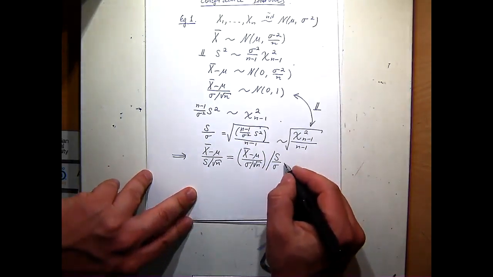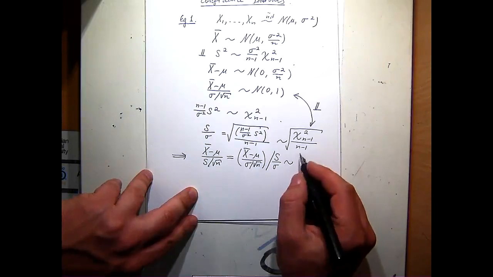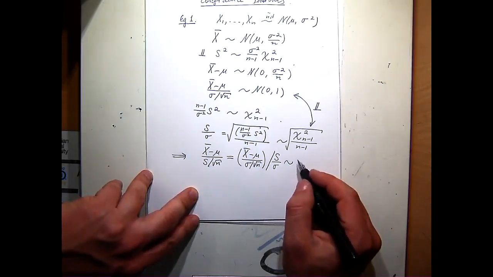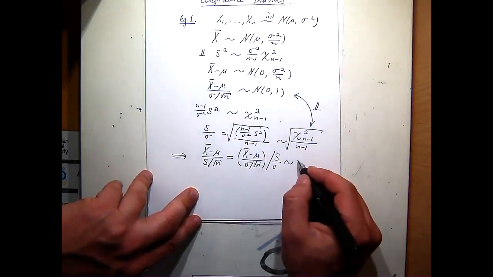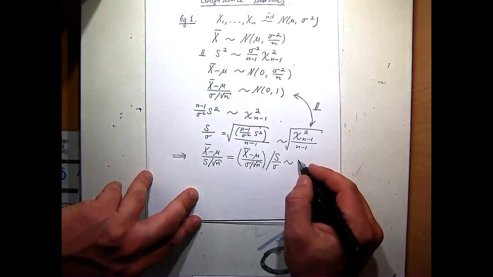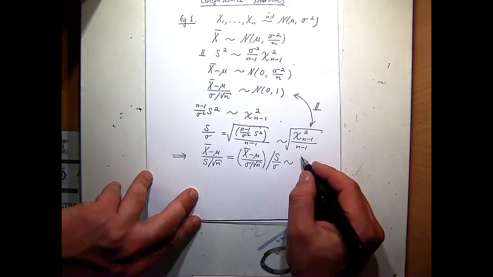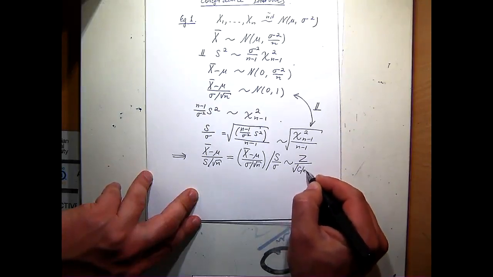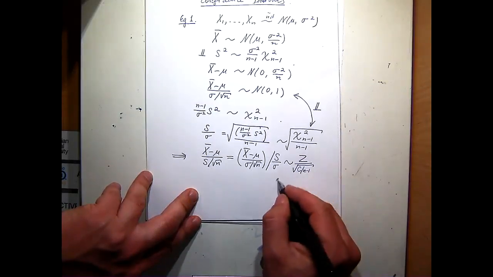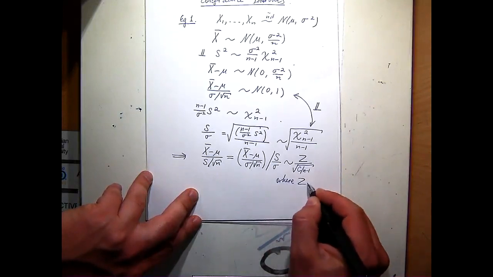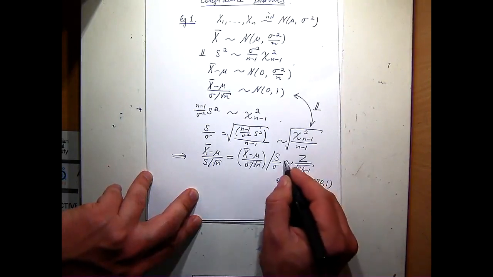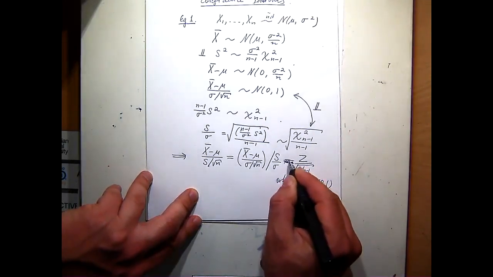And that has the distribution that I'll write this way: Z divided by the square root of C over n minus 1, where Z is normal 0, 1, and C is chi squared n minus 1.